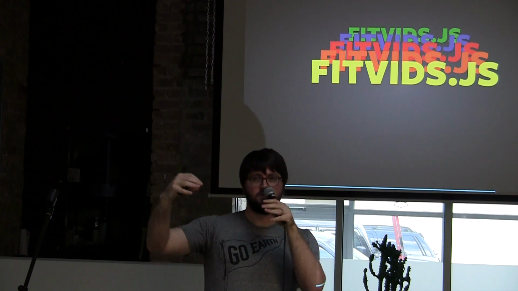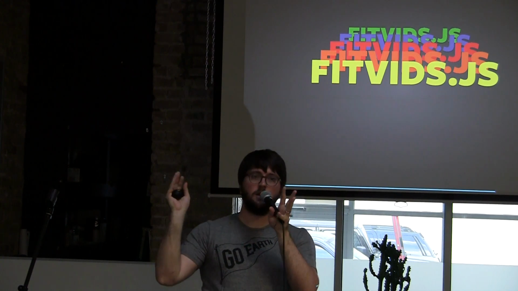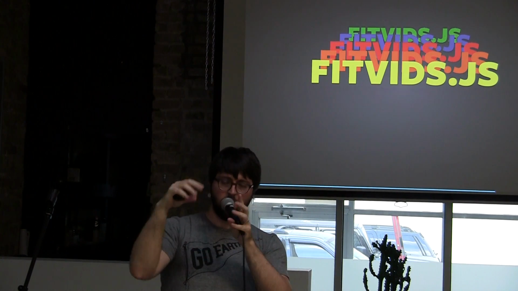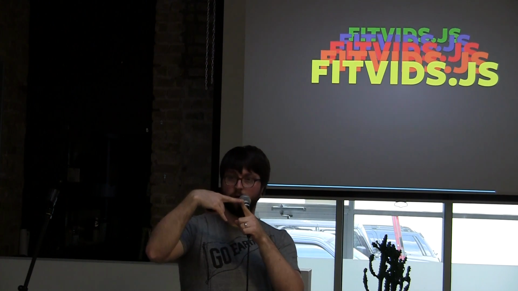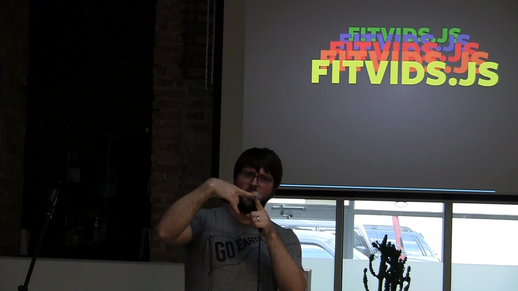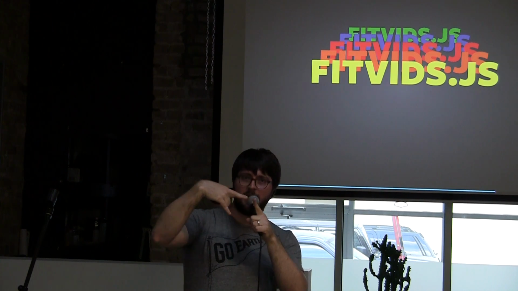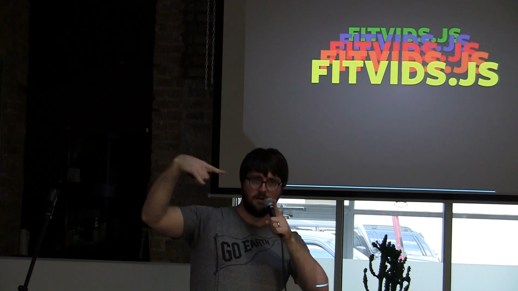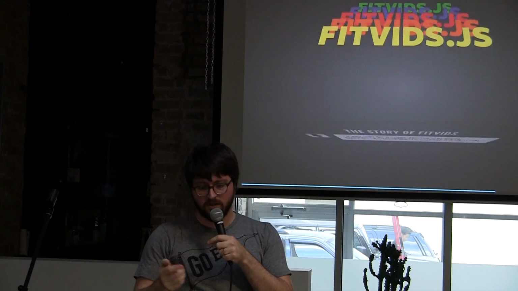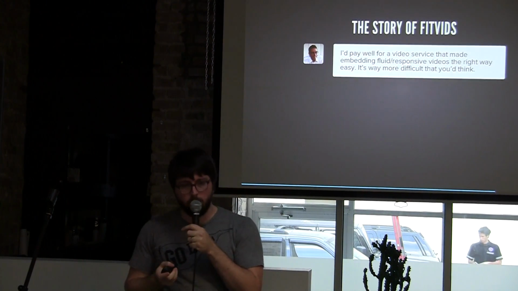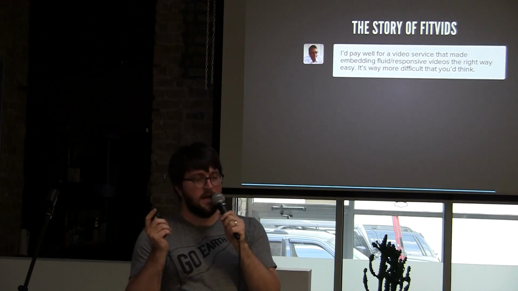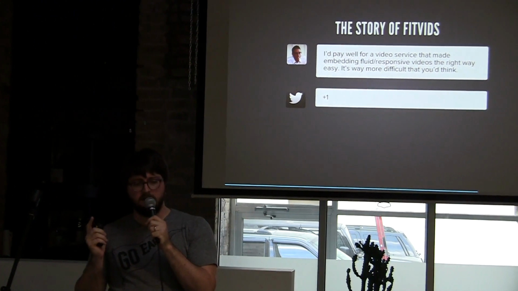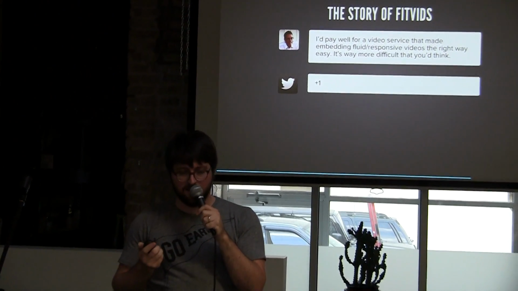So what this does is it tries to maintain an aspect ratio. You say, okay, originally it was whatever. They do something weird like 640 by 405 or something like that. So originally it was that. I want you to maintain that proportion, scaling as you go out. So how we did that is, Trent Walton, again, said he'd pay for a video service that let him do this, and the whole internet was like, yeah, that sounds good.